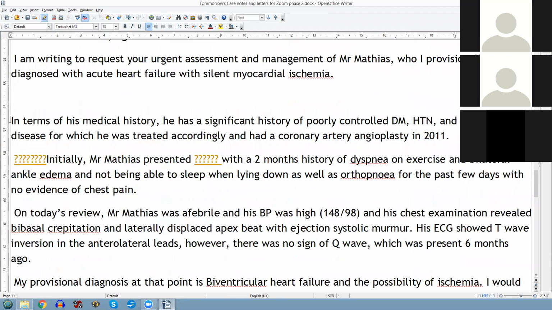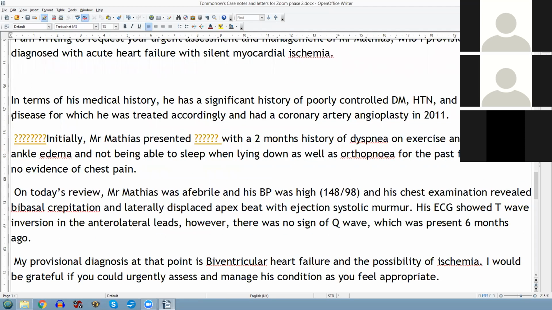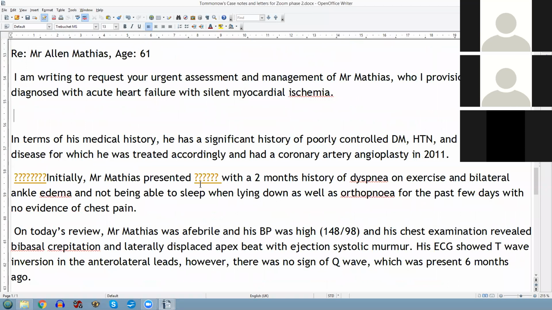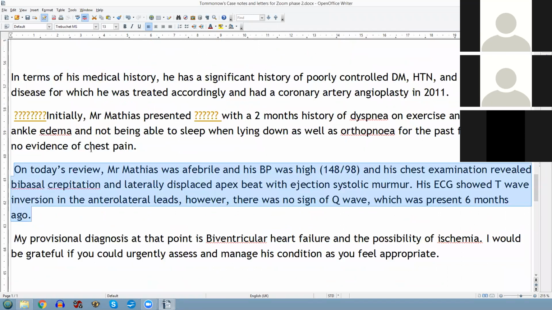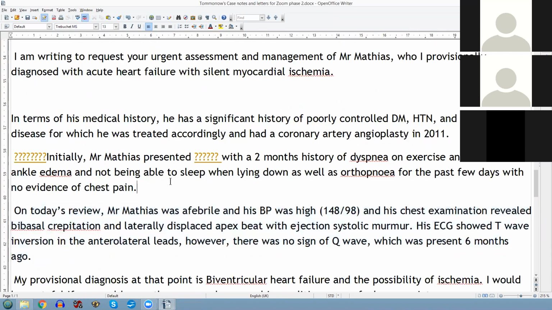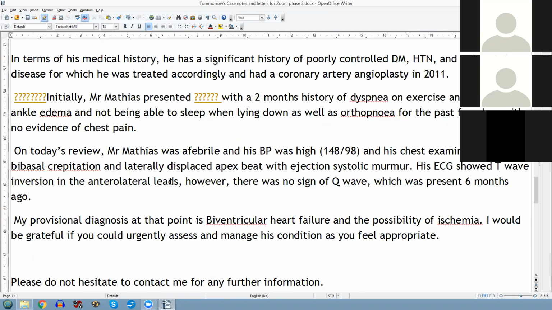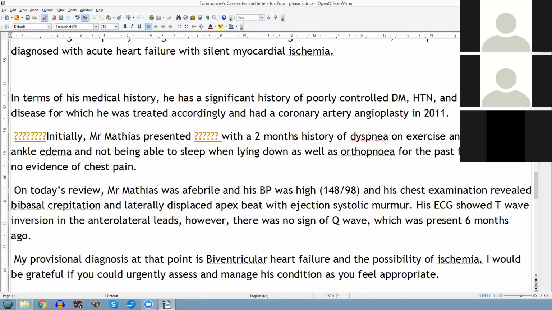I maybe would have put his medical history a little bit lower down, maybe, because it's urgent. So I would have maybe put this first, and then put the history afterwards. You could do that. But that is not too bad at all. It's very concise and to the point.